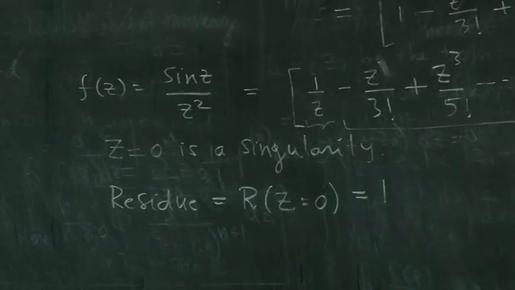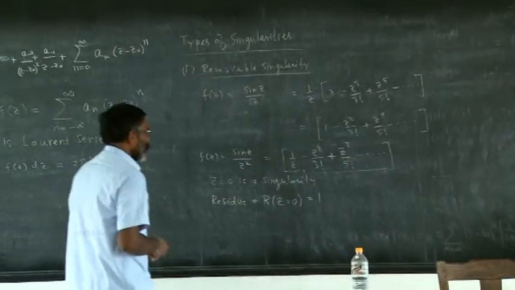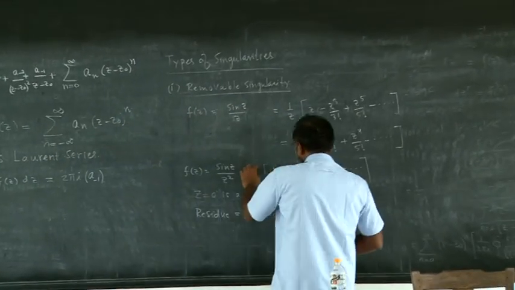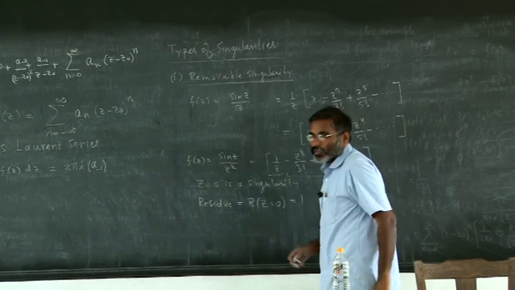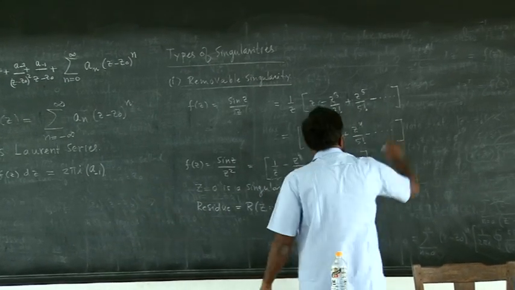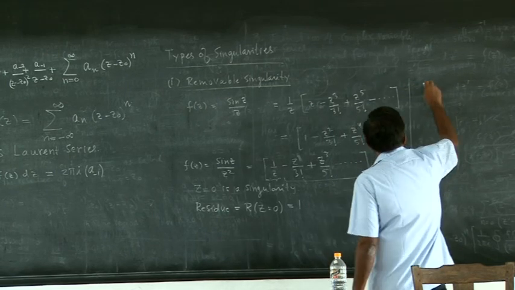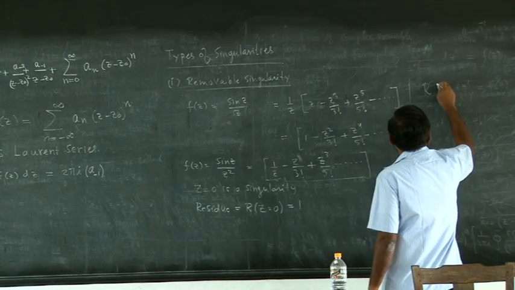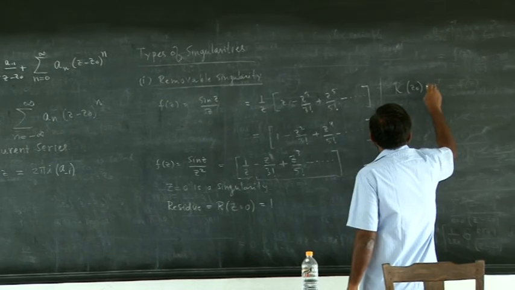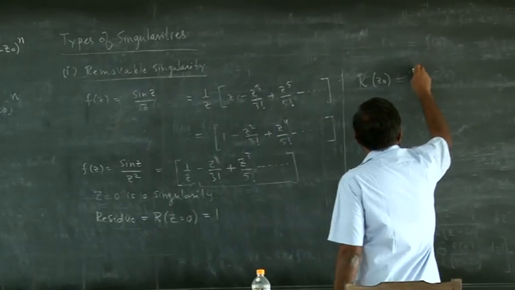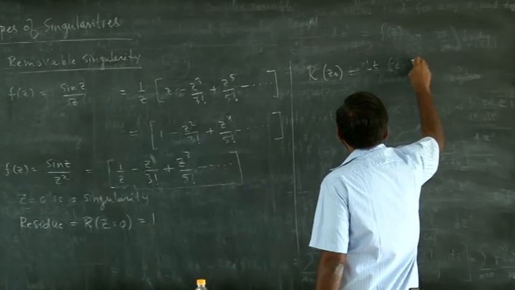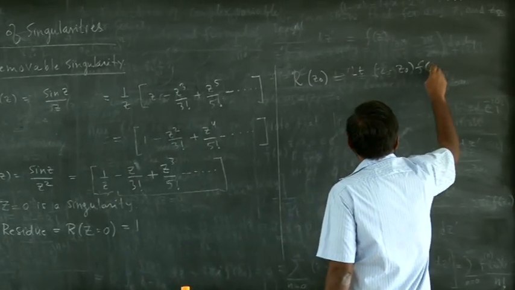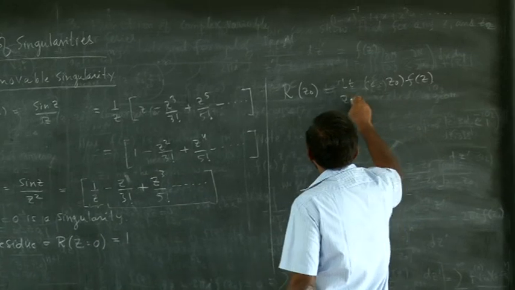Now how do we calculate this in general? You multiply this function by z and then take z going to 0. So in general, the residue at z0 is nothing but the limit of (z minus z0) into f of z as z tends to z0.